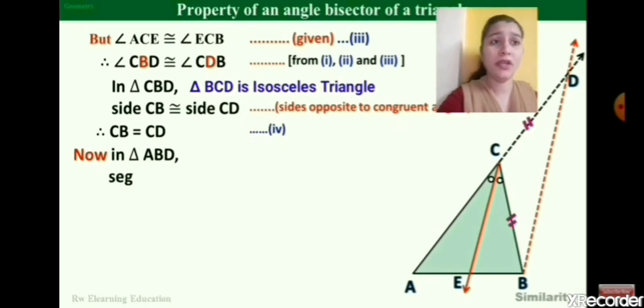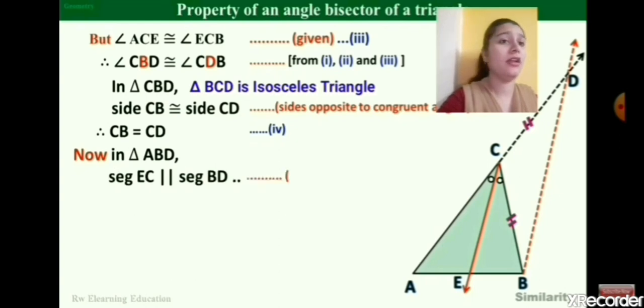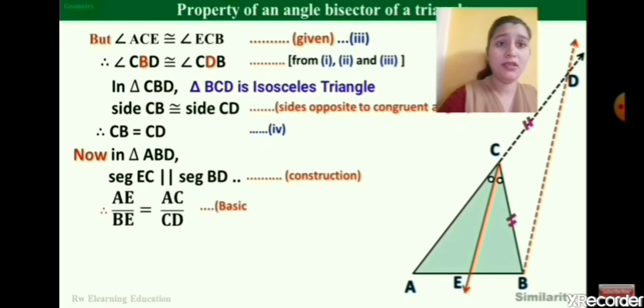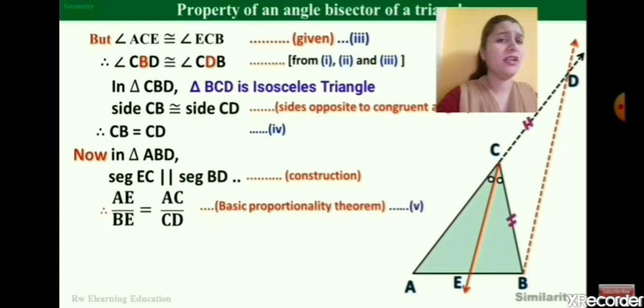Now let me take a bigger triangle ABD. When I am taking the bigger triangle, again two parallel lines are constructed, right? With this I can remember the BPT theorem. So when I am talking about the BPT theorem, it will be AE upon BE is equal to AC upon CD.